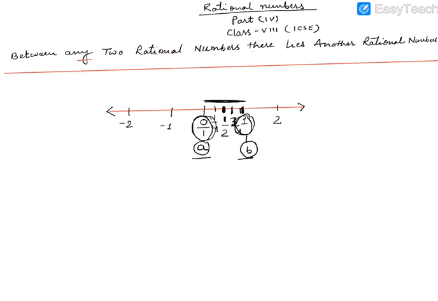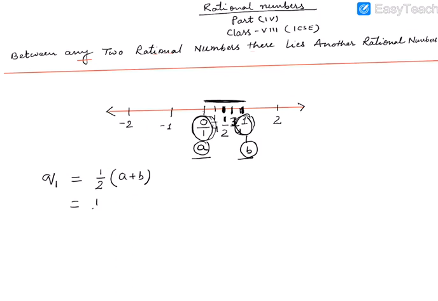We'll represent rational numbers with Q. So if you want one rational number Q1, what will we do? Half of A plus B, where A is a rational number, B is also a rational number. It doesn't matter whether A is positive or negative, and same with B also. Any rational number.